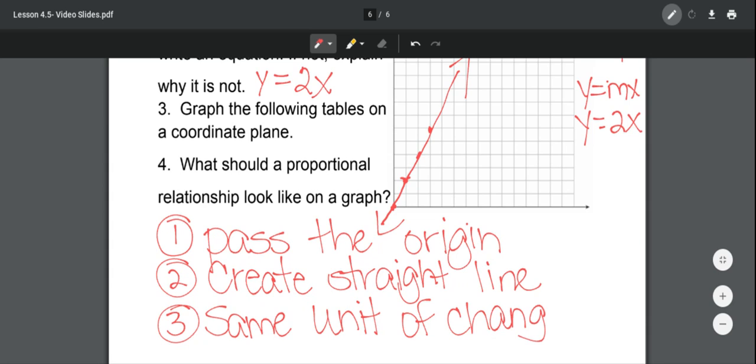So this particular line passes through the origin, is a straight line, and if you notice, from one point to the next, it rises 2 and goes to the right 1, every time. And if I would have been able to draw this with a straight edge, it would have hit that point.